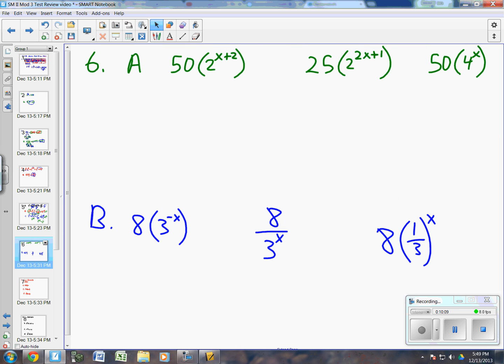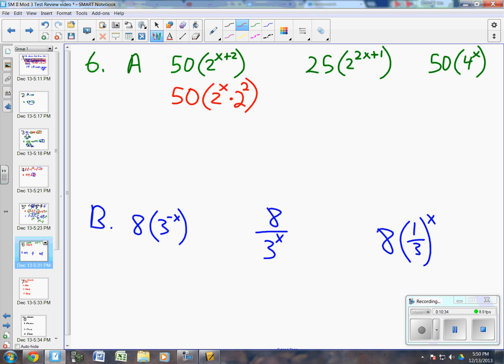Problem number 6. You need to determine whether all three expressions in each problem below are equivalent. Well, if we use our rules of exponents that we just learned, we know that this 2 to the x plus 2 power can be written as 2 to the x times 2 to the second power. And really, we don't need the parentheses anymore. Okay?